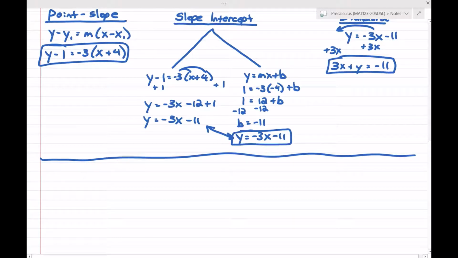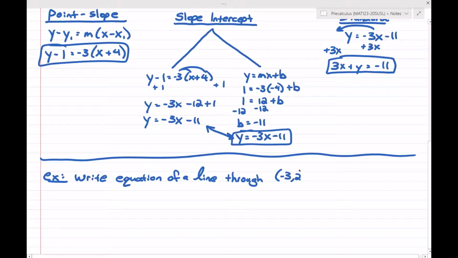Let's do the same thing, but what if I asked you to write the equation of a line through -3, 2 and 2, -4.